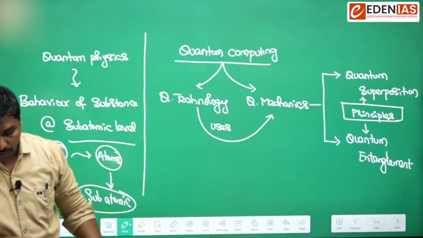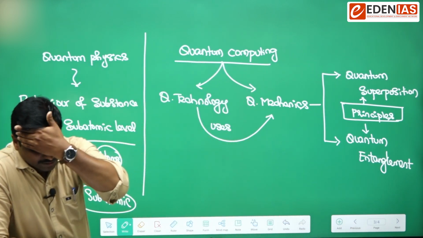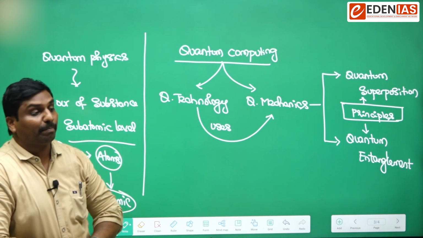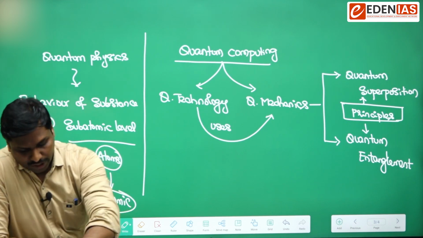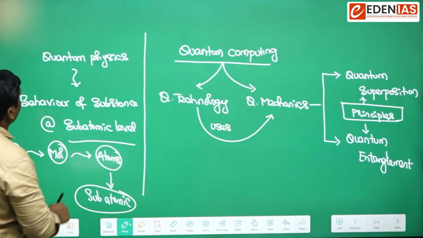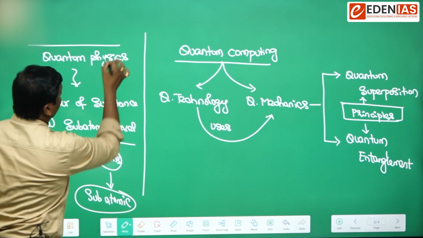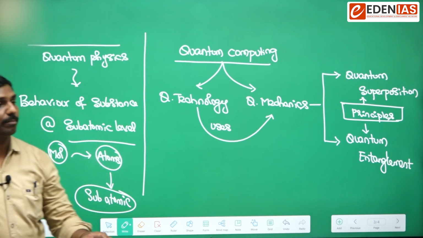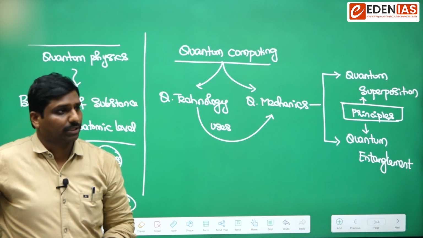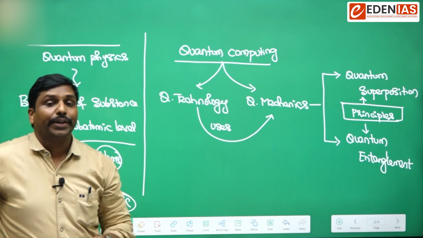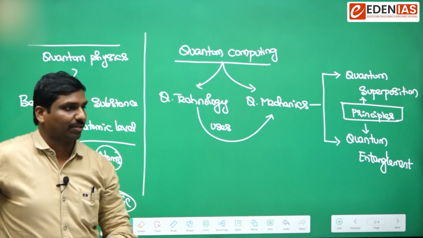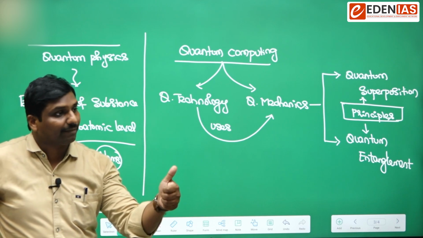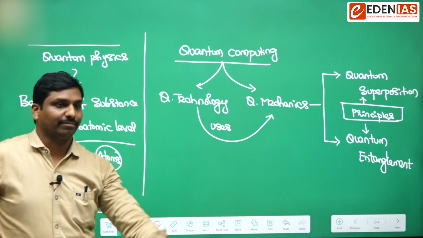When we talk from the perspective of quantum particles or quantum physics, and from the normal matter point of view, matter or substances will follow Newton's laws, like Newton's law of gravity and Newton's laws of motion. Are you getting?